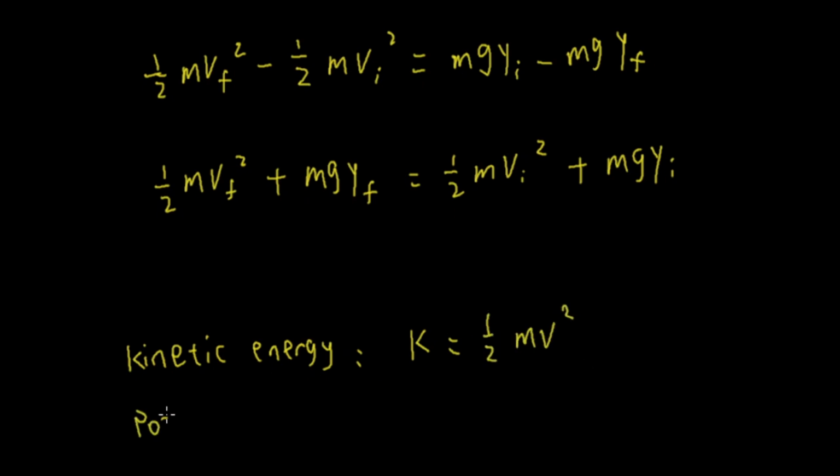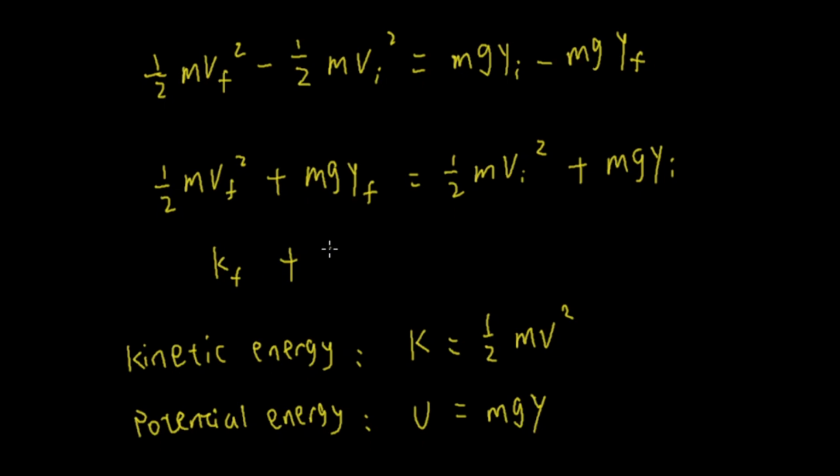The potential energy, we will use capital letter U, and that's equal to mgy. y is the displacement. So in that case, we can rewrite this as final kinetic energy plus final potential energy equals initial kinetic energy plus initial potential energy.